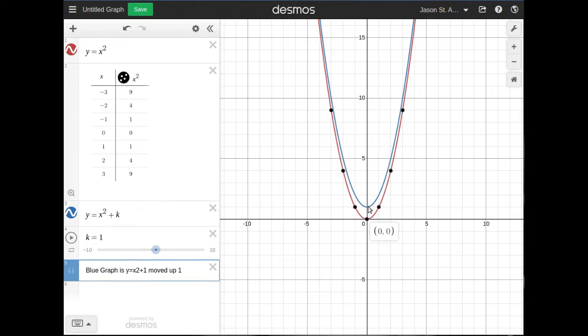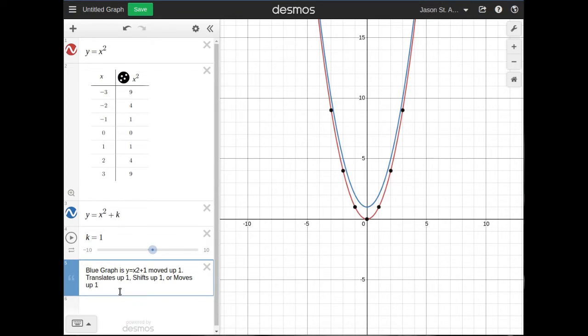But the next vertex translates up 1, or you could say shifts up 1, or moves up 1 unit. Does that make sense?